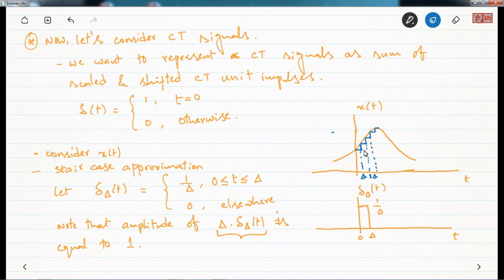What I'm trying to say is I'm trying to express this continuous time signal x of t as a weighted linear combination of these delta delta of t signals.